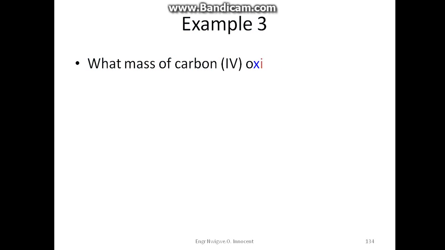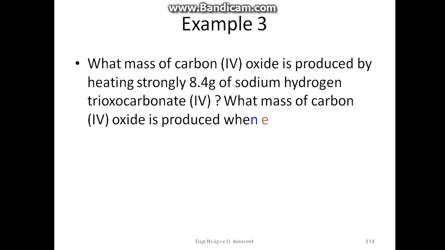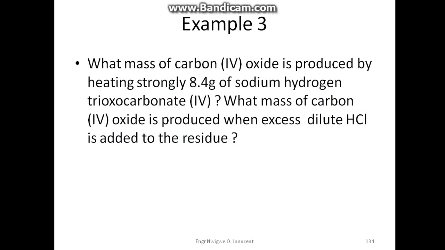Example 3. What mass of carbon(IV) oxide is produced by heating strongly 8.4 gram of sodium hydrogen trioxocarbonate(IV)? What mass of carbon(IV) oxide is produced when excess dilute hydrochloric acid is added to the residue? Solution.